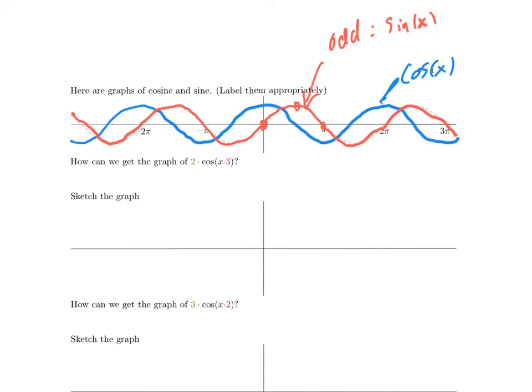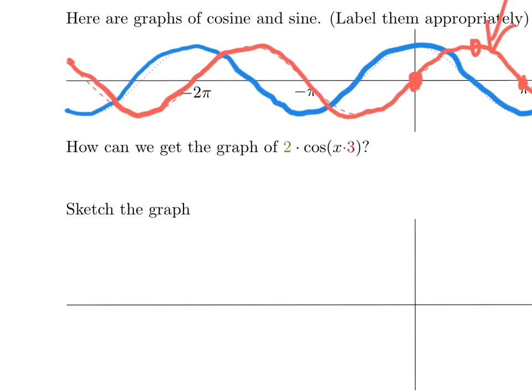So let's think about this. How can we get the graph of 2 times the cosine of x times 3? So let's just think about what these things do to graphs. What happens when you multiply the variable x in a function by a constant? Well, that will compress the graph horizontally by a factor of 3.